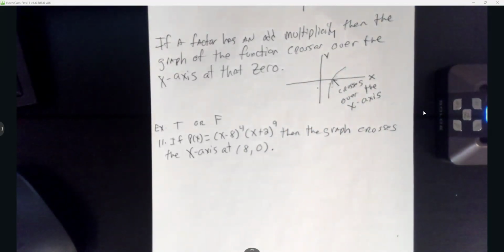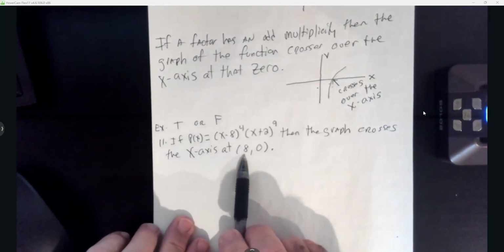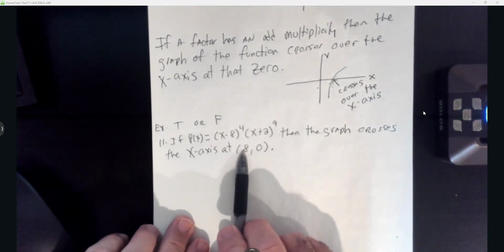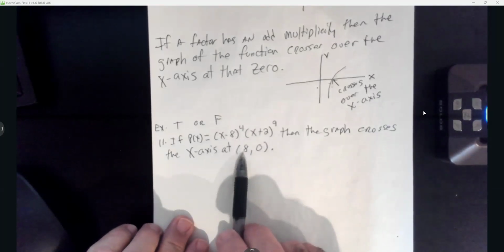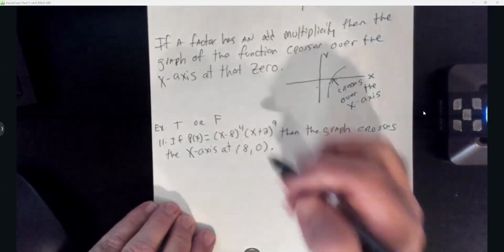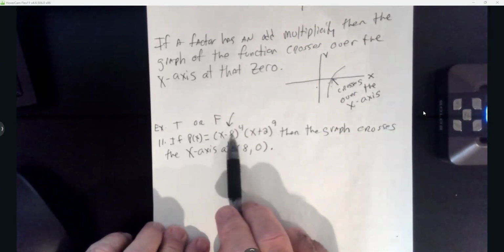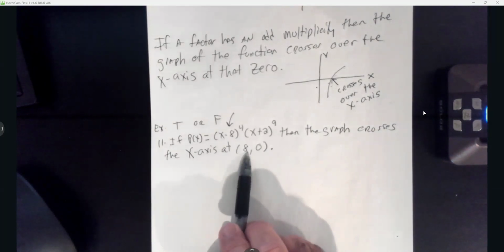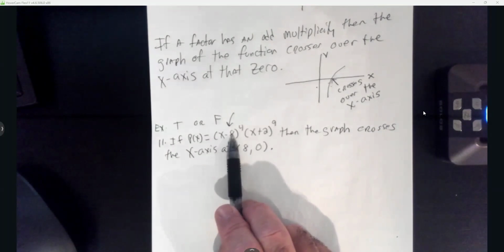So let me show you what I would do to that. They're giving me 8, 0. So the zero is 8 on this one. Which one of these factors would give me a zero of 8? Well, y'all, that's going to be this first factor here. X minus 8, if you set it equal to 0, would give you the 8. So it's coming from the x minus 8 factor.